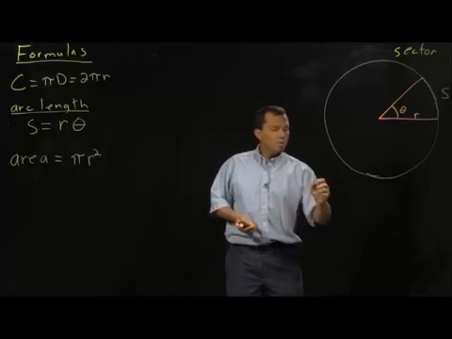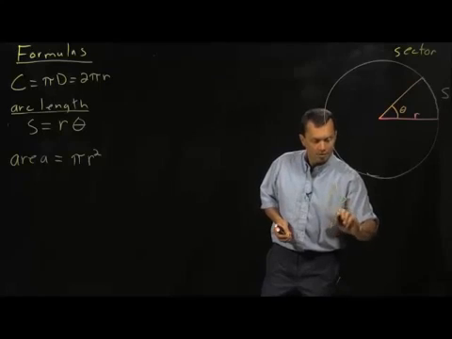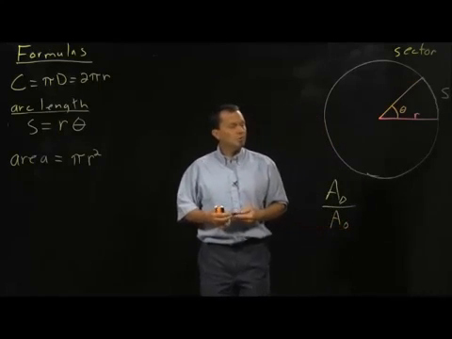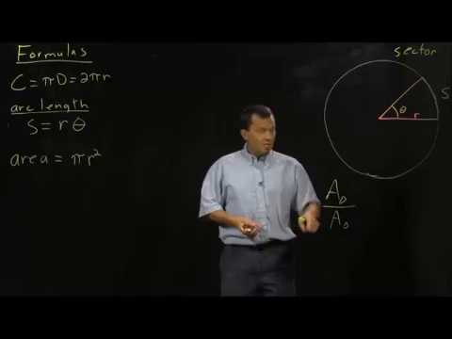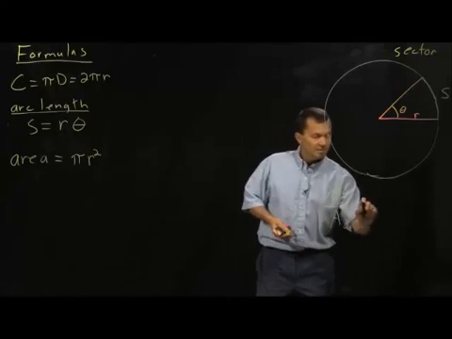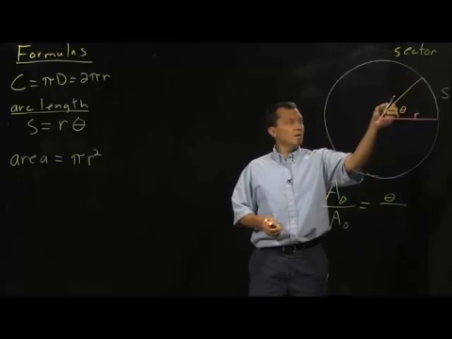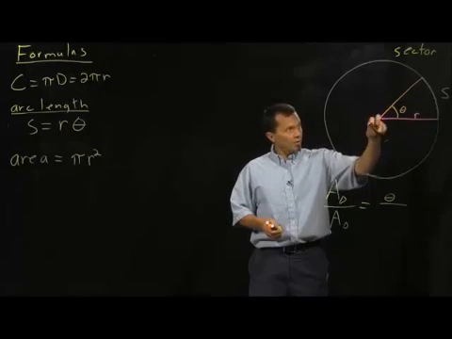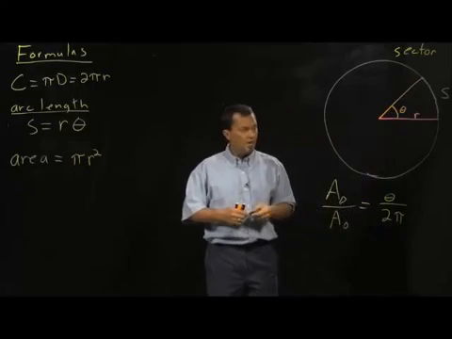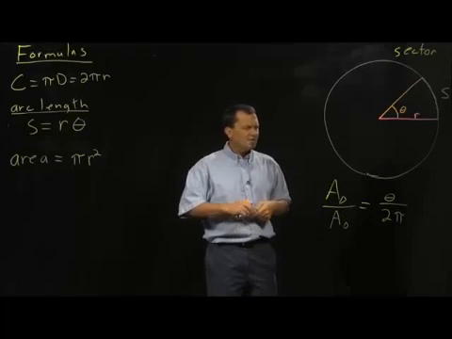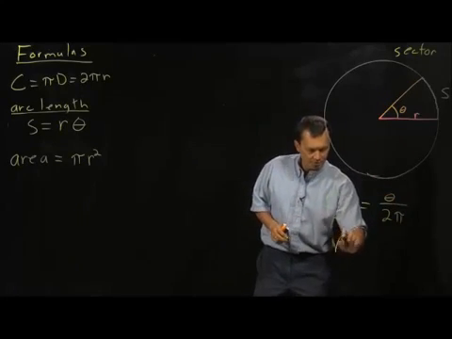And we saw before that circles have this nice proportionality property that if I take the ratio of this, it's exactly the same as the ratio of the angle to the angle going all the way around, which we showed was 2 pi.